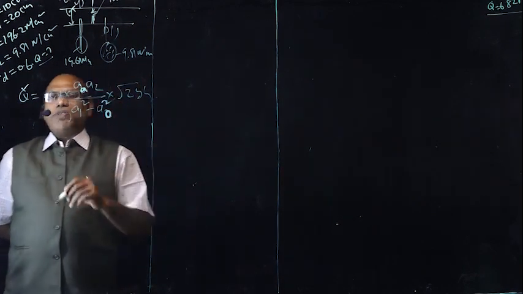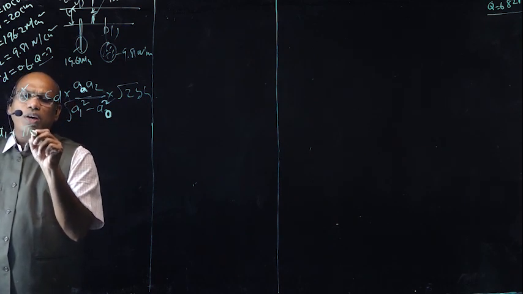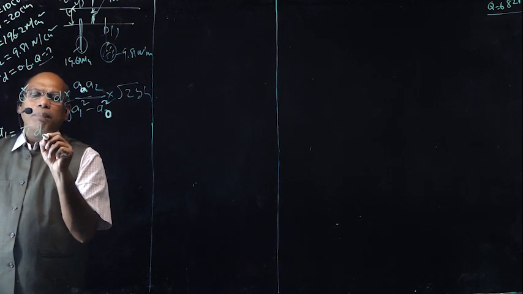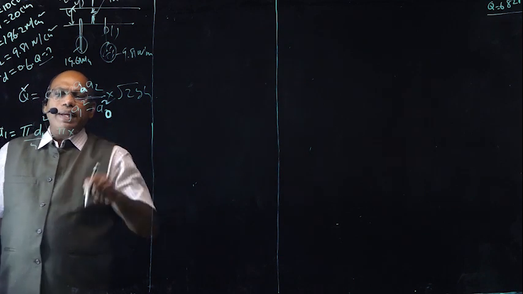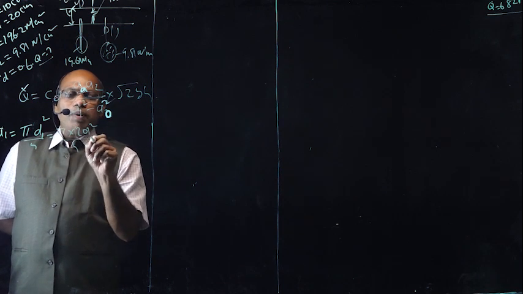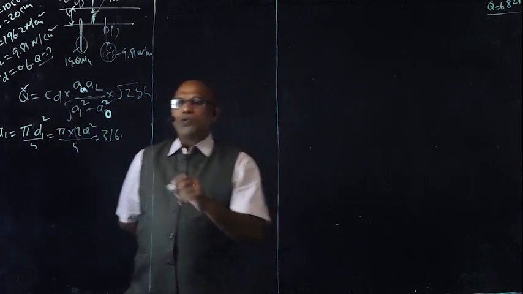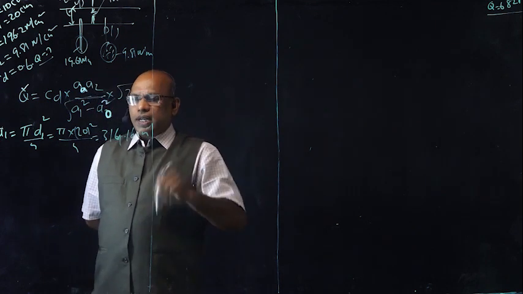A1 is equal to pi d1 square by 4. This is equal to pi into 20 centimeters square divided by 4, which is equal to 314.16 centimeters square.